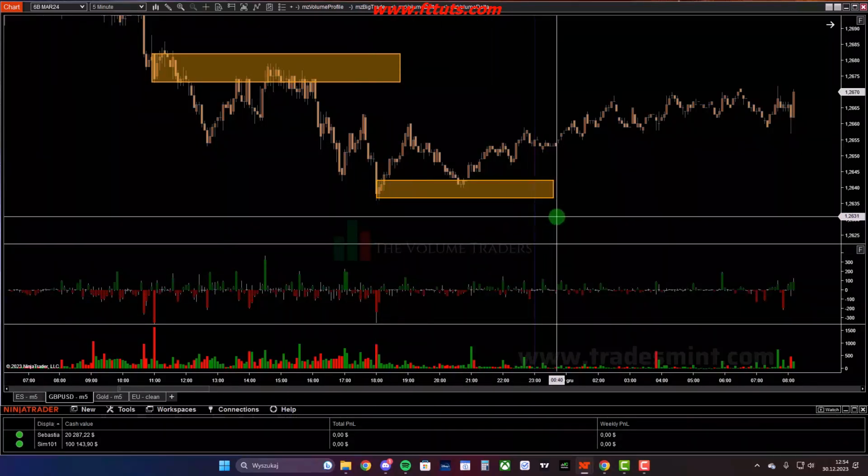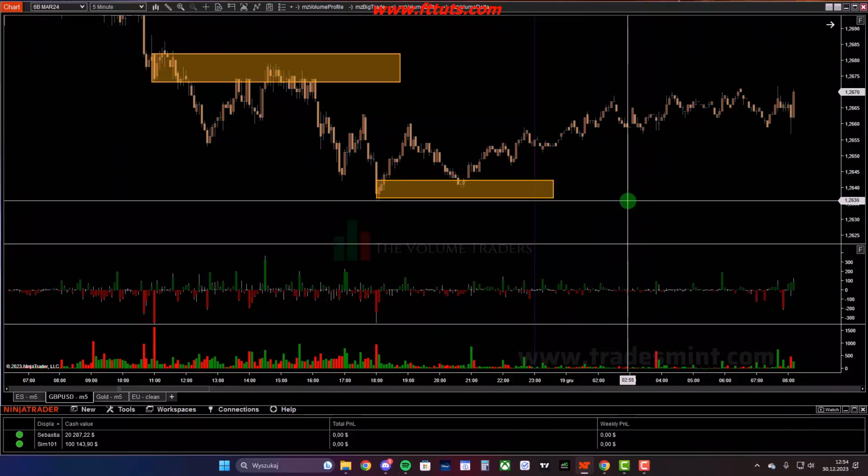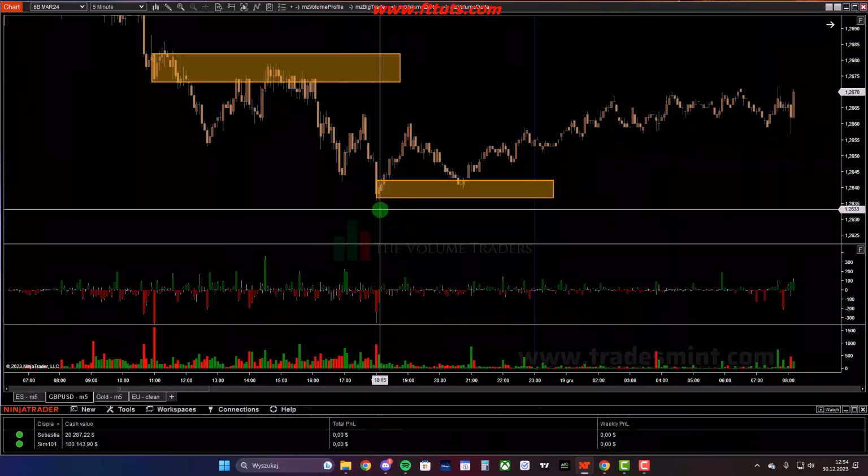It really gives me better self-confidence that what I see is a good bias. So this was the third and fourth way of marking the zones.